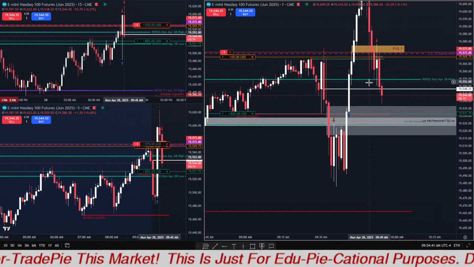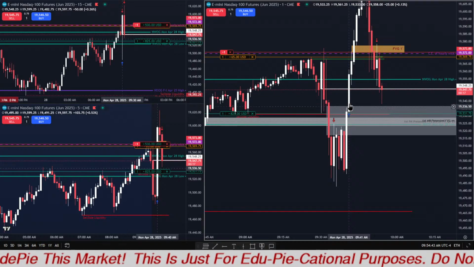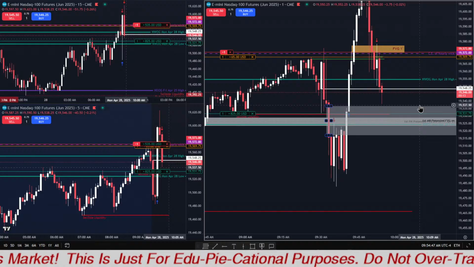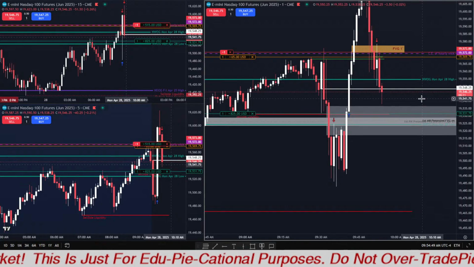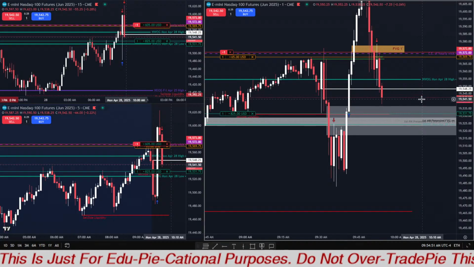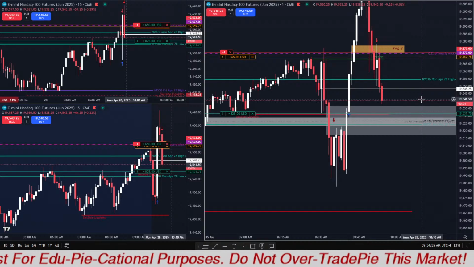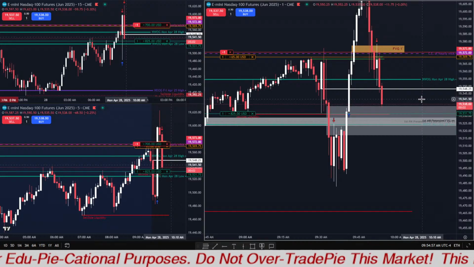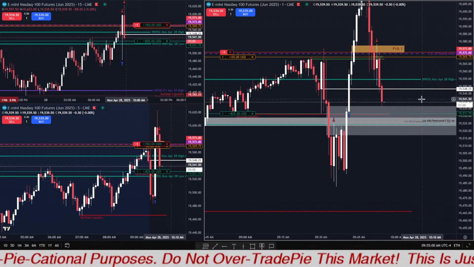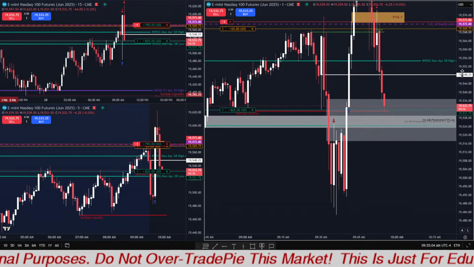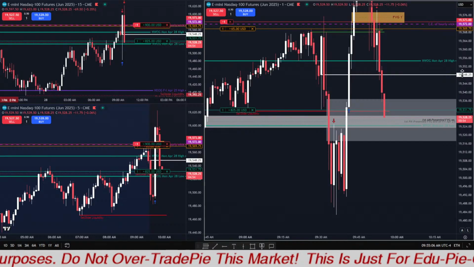We are trading into this BC over here around the opening price at 9:30. We tapped into the first presented fair value gap and a little bit more, maybe, yes.